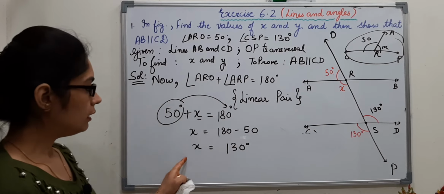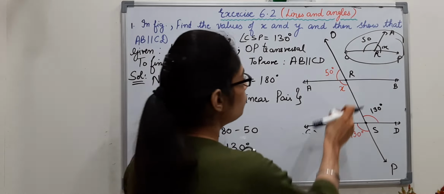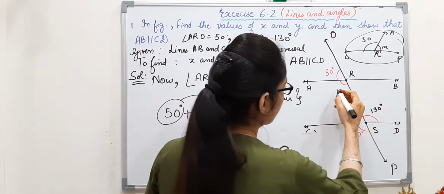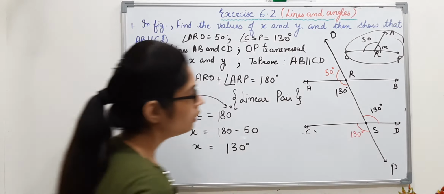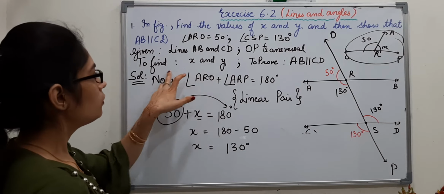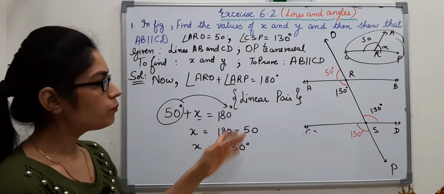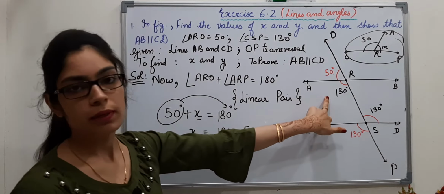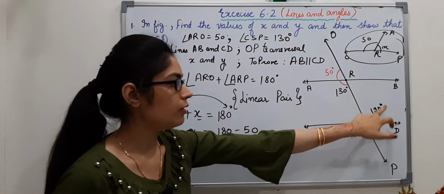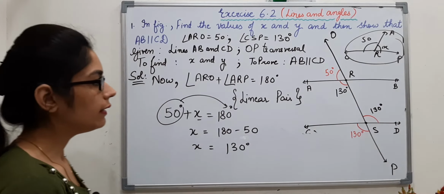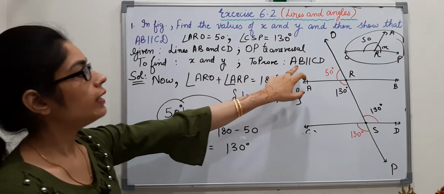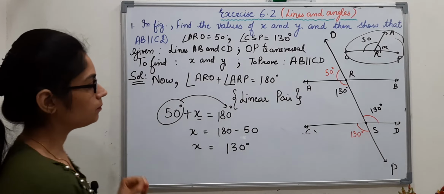So we got the value of x also equal to 130 degree. So here we can write the value. Now, first thing is done, to find the values of x and y. We got the value of x equal to 130 degree and we got the value of y also equal to 130 degree. Now we need to prove that AB is parallel to CD.